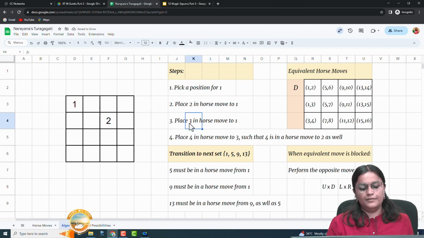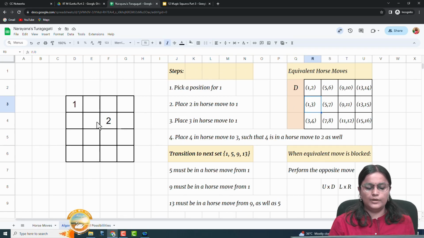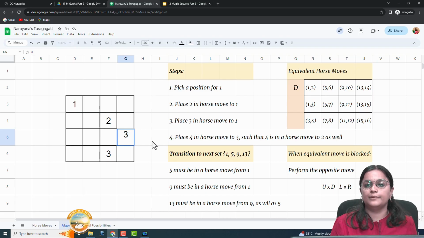In the next step, we must place 3 in a horse move to 1, as you can see here from our table. So let's try the possibilities of where all the number 3 can go. Again, moving up, we see that the possibility of the number 3 is here. If we were to move to the left, wrap around, this is another possibility where we can place the number 3.